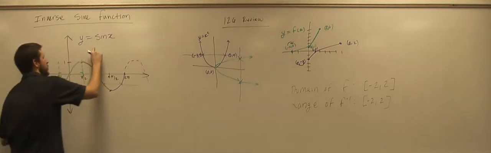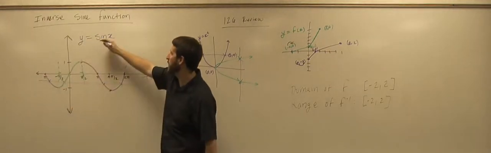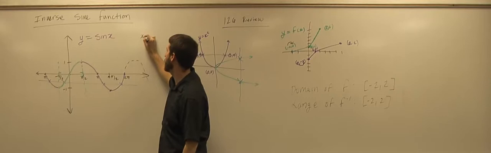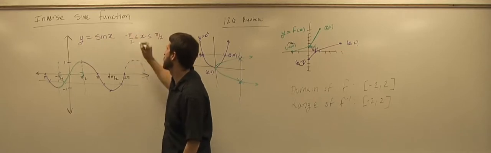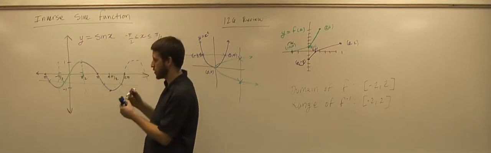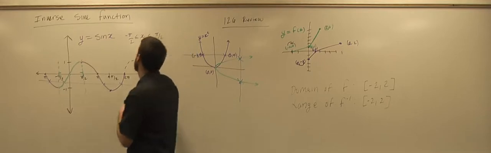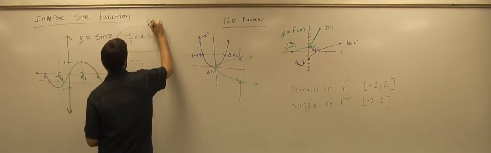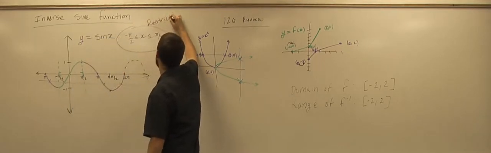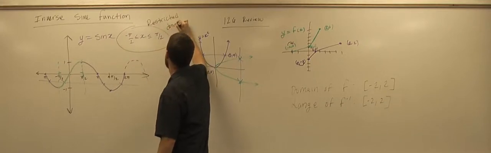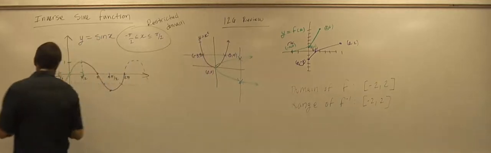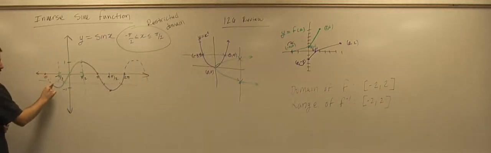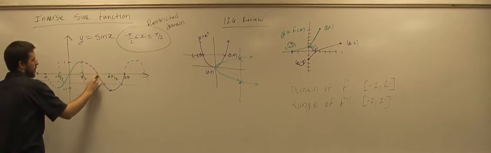So we're going to consider the restricted sine function, which is the same as the regular sine function, but it only allows x values between pi over 2 on the right and negative pi over 2 on the left. This is called a restricted domain. Basically, we're just going to ignore all this other garbage for our application.